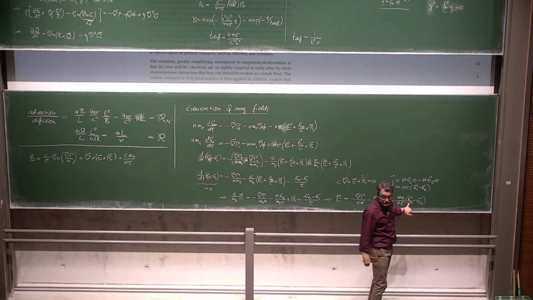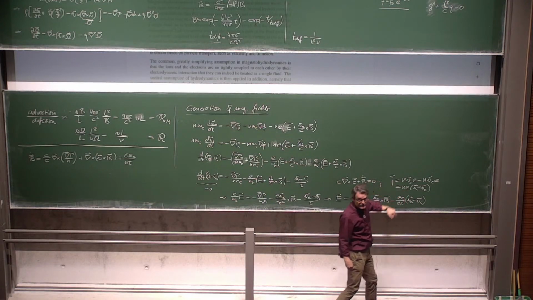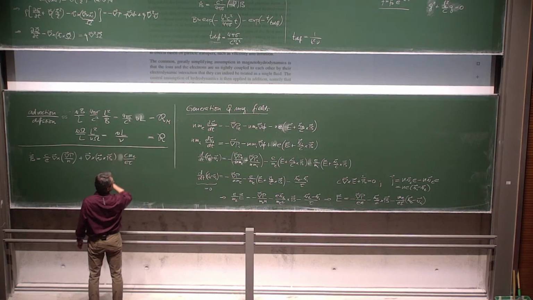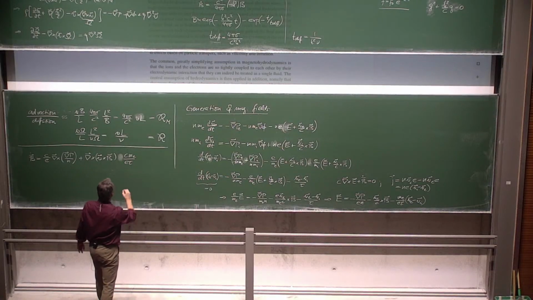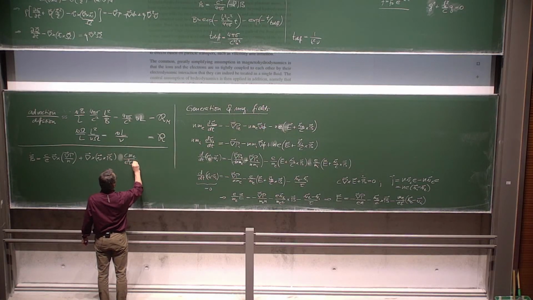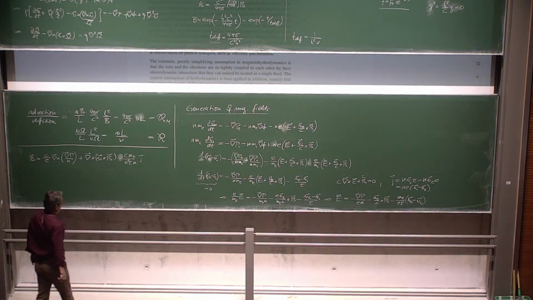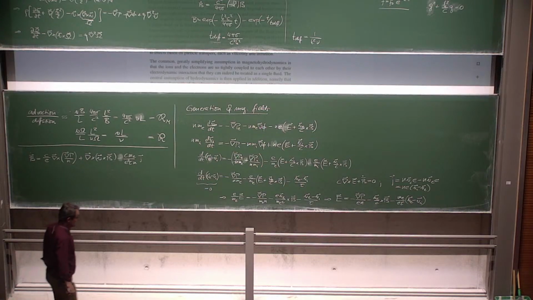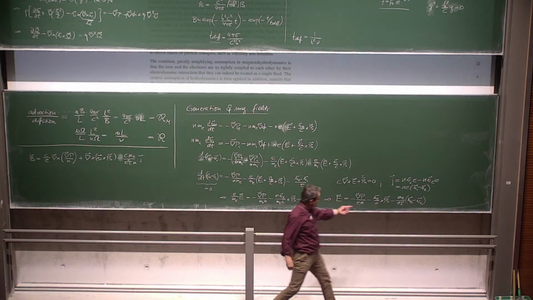Okay, now here we need V_e minus V_i. Here we have V_i minus V_e. So the rest is minus J divided by n e. Yes, so by taking minus c times the curl, we get a plus sign.